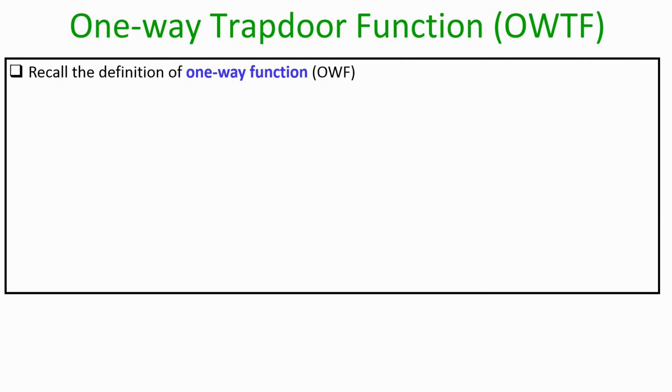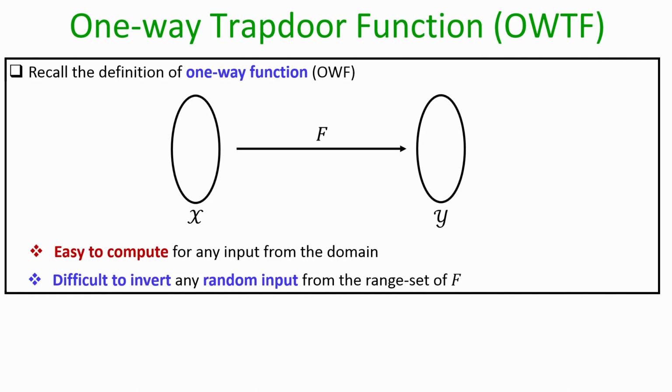Before going into the definition of a one way trapdoor function, let us first recall the definition of a one way function, or OWF. A one way function f is a publicly known, deterministic function from the domain fancy X to the codomain fancy Y, and the requirements are that it should be easy to compute for any value little x from the domain X, whereas it should be difficult to invert in polynomial time any random input from the range set of f.